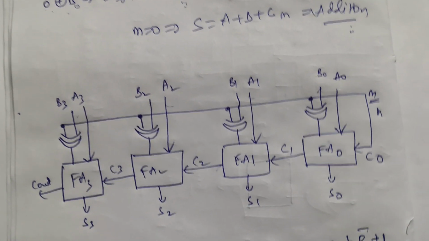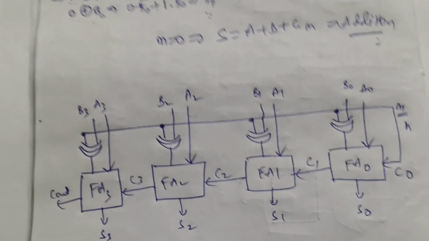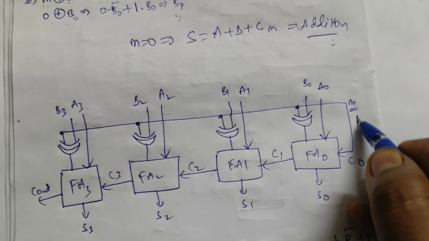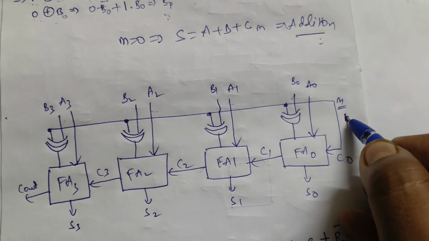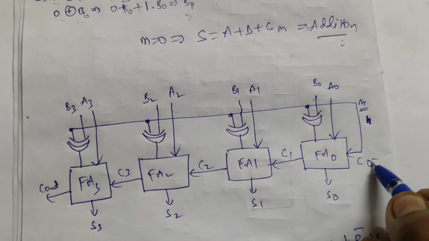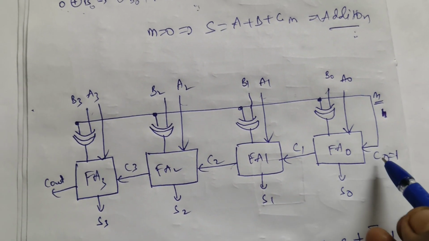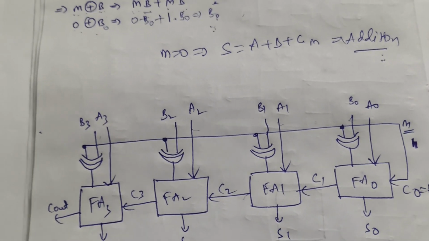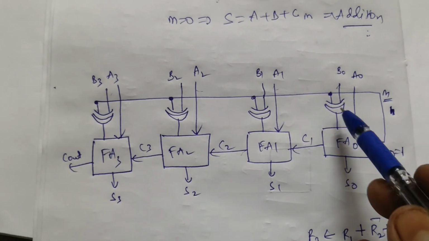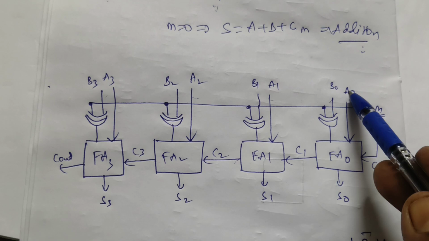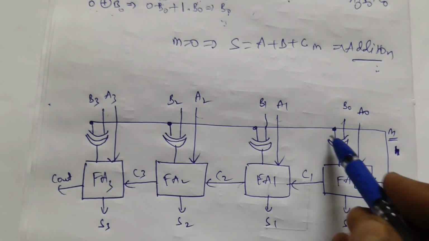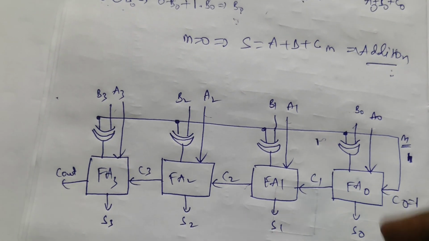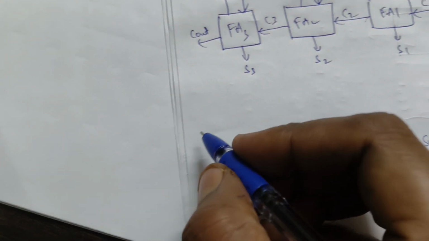Now we will see how the subtraction is done. What is the control bit or mode bit? If the mode bit is 1, that is connected as the carry here. So the full adder has inputs A naught and B naught, which is XORed with the mode 1. What is the XOR bit information?